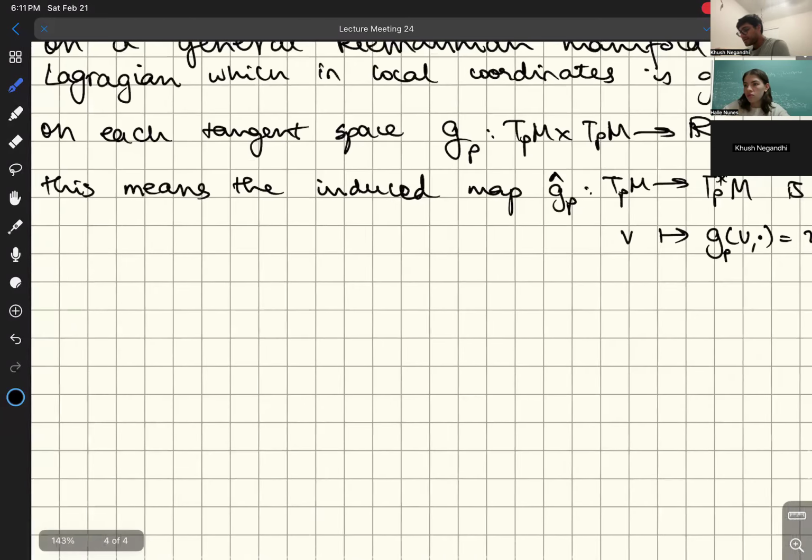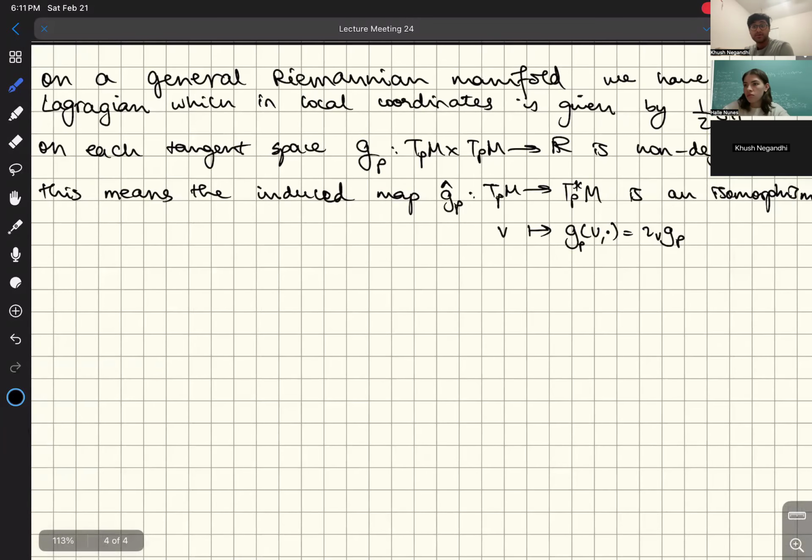But now let's say you had some basis, the standard basis or whatever, it doesn't actually matter too much. In which case, G equals Gij dxi tensor dxj.